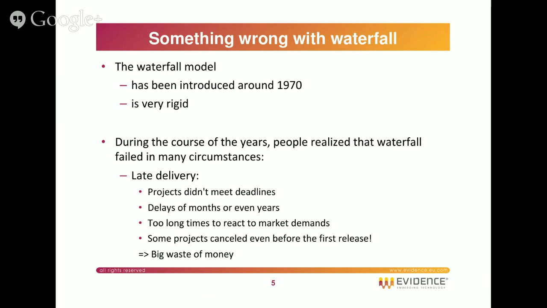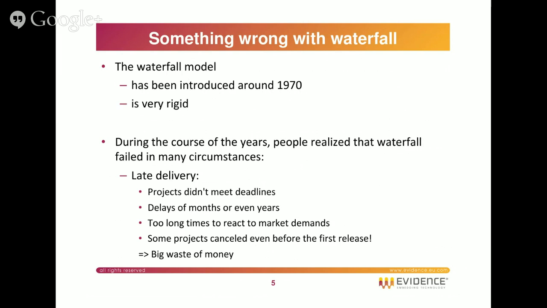So something like in the US, in the 80s, about 50% of the software projects were not completed at all. And more than 80% were completed later and with a larger amount of money with respect to initial estimates.